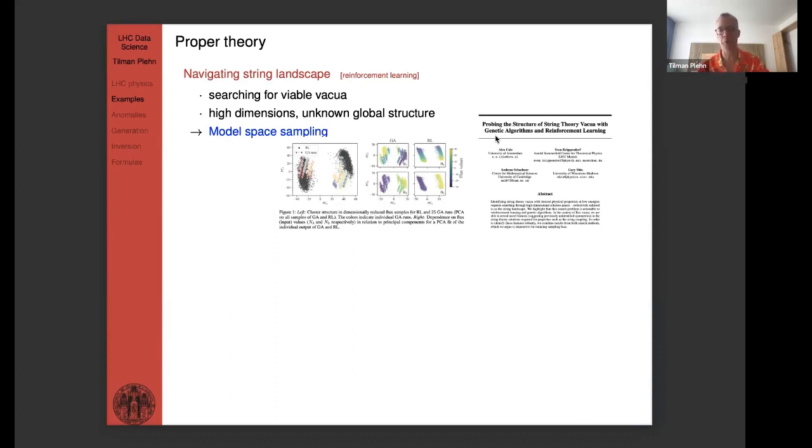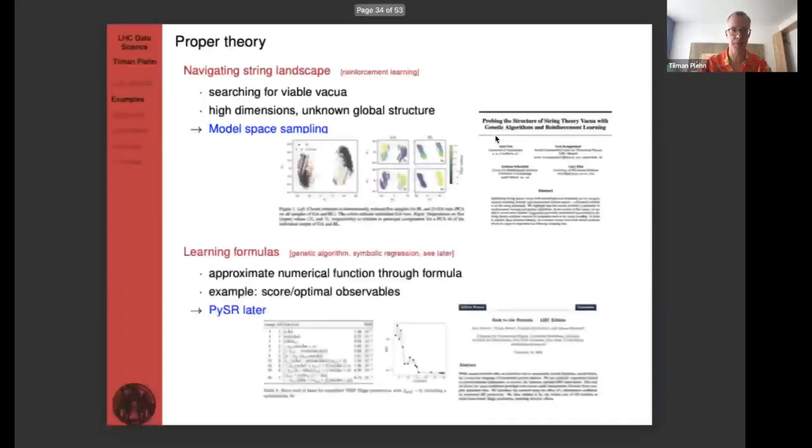This is, I think, one of the coolest applications of reinforcement learning: to walk through this huge dimensional landscape and find new islands, new structures where we can exist because the theories are normally free or something like that. Reinforcement learning, like AlphaGo, is not something that we have used a lot in particle physics. And the string landscape is one of my favorite topics there.